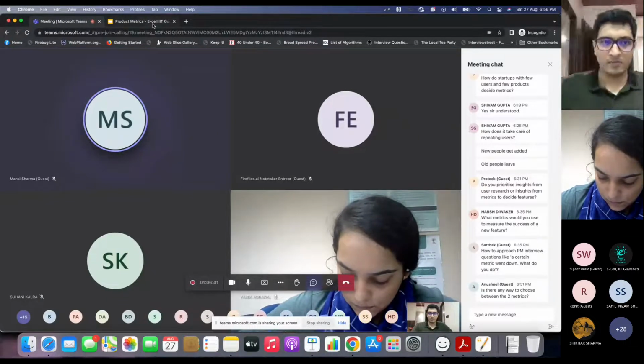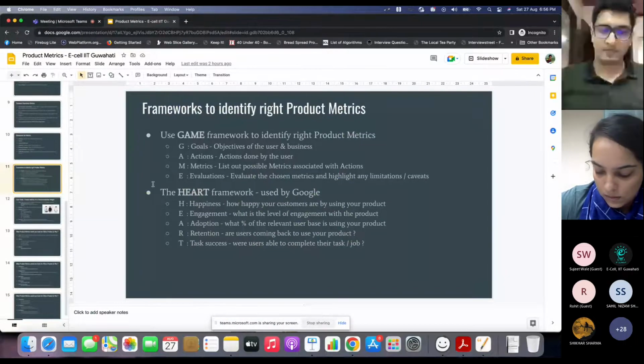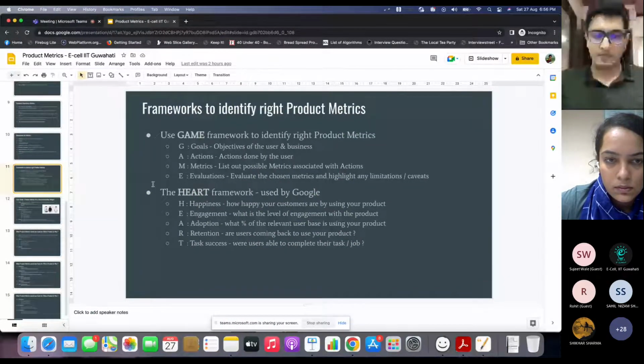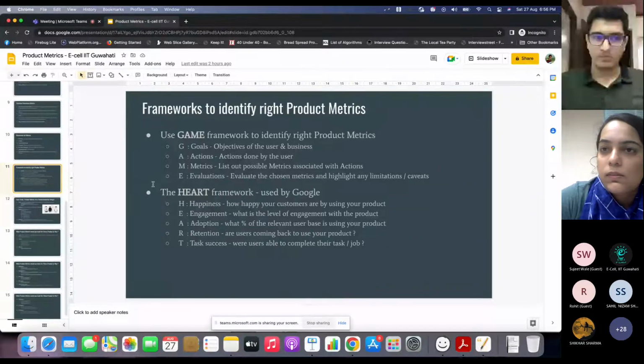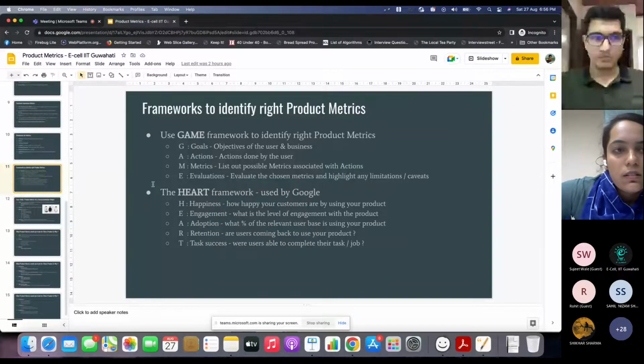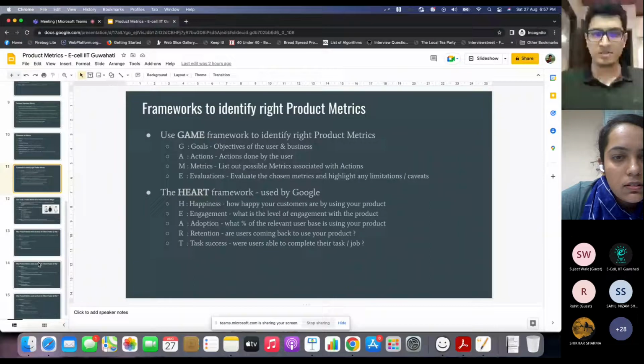So this is the HEART framework. You have to apply the HEART framework to the filters product.